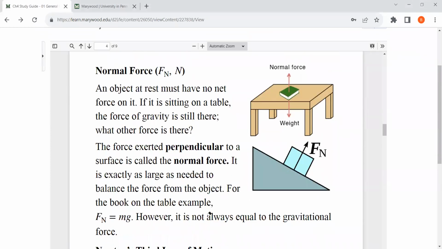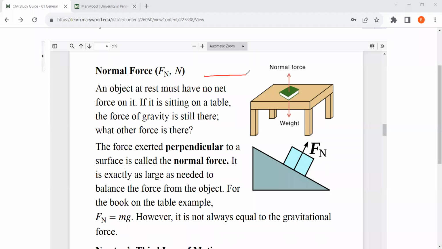The next force is the normal force. For the normal force, we use either F subscript n or just n. Both are used, and for both I mean the normal force. So what is the normal force? To understand this, let's say we have an object on the table.